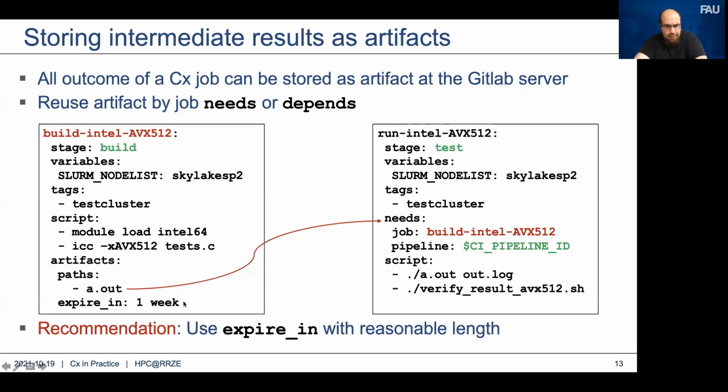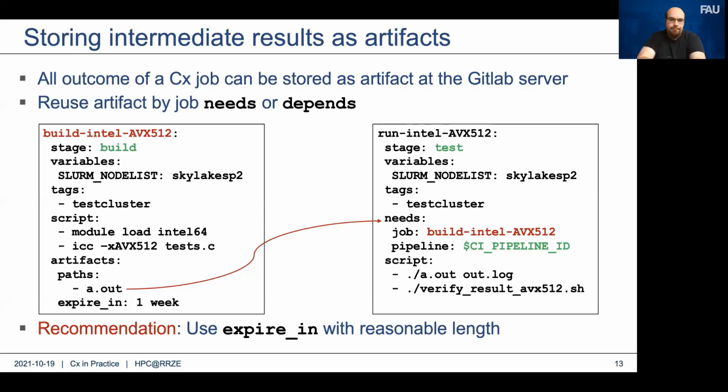Normally you need the artifacts only in subsequent jobs and don't need to look at them later. So I don't need this binary after one week. But of course, there is stuff you want to store. If you generate output files or whatever and store that as an artifact, you don't want it to expire.